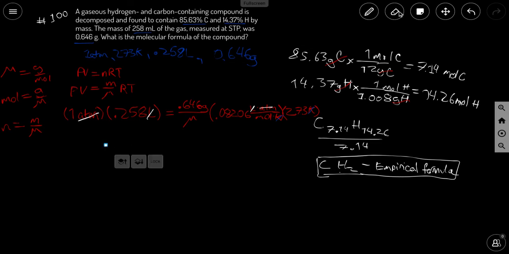So I'll go ahead and do a step real quickly. I'm not solving it, I'm just rearranging the equation to isolate the molar mass.